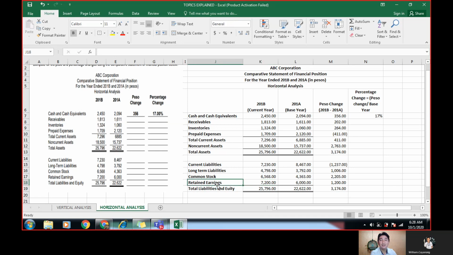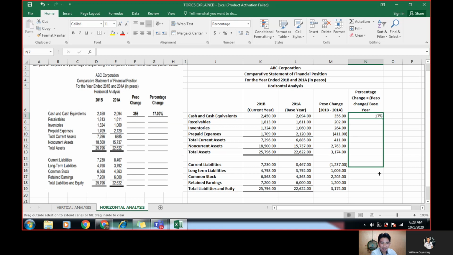Retained earnings, ito dito na nasa stock lahat ng income ng company. Okay? So, we could say na may income na pumasok sa company. And it increased by 1,200.